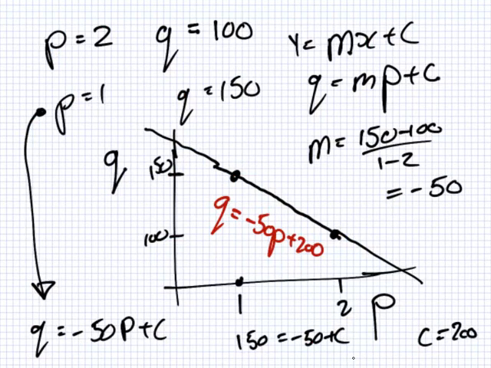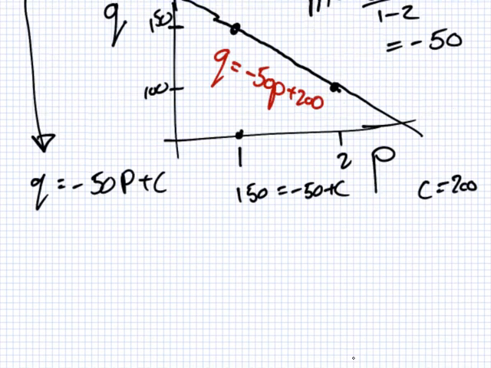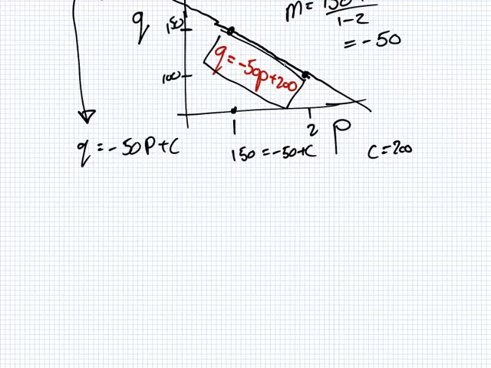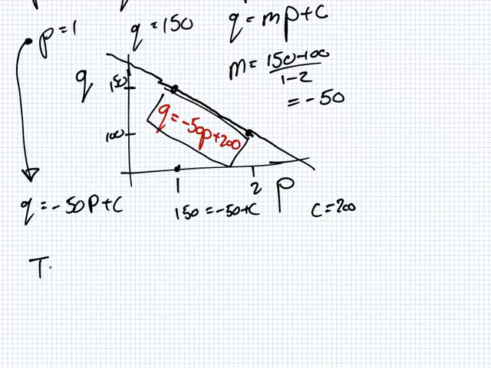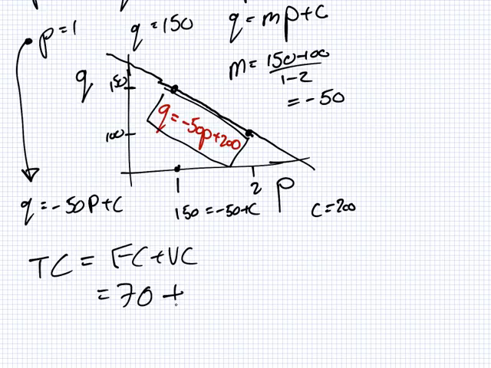Okay, next, let's find a formula for the total cost. We'll need to use this later. Total cost. What are the two costs for this business? The fixed cost, 70, and the variable cost, which is 0.33Q, because for each sale it's 33 cents.